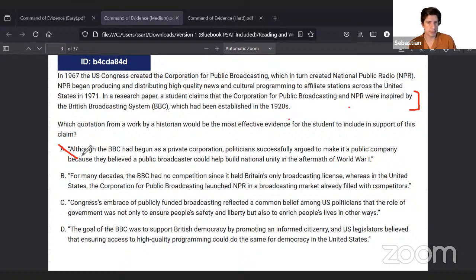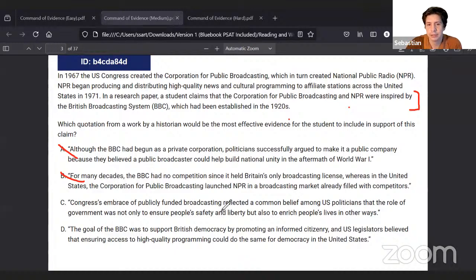B, for many decades, the BBC had no competition. Again, that's about the differences between them and how the BBC didn't have competition and the US did.